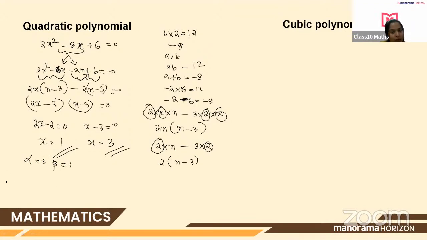So if we are calculating the sum of zeros, that is alpha plus beta, what is it here? 4.